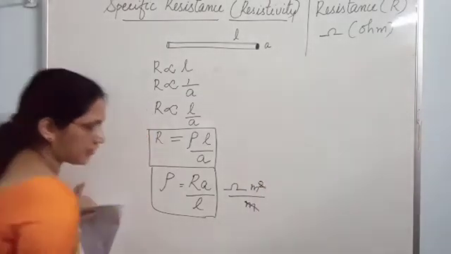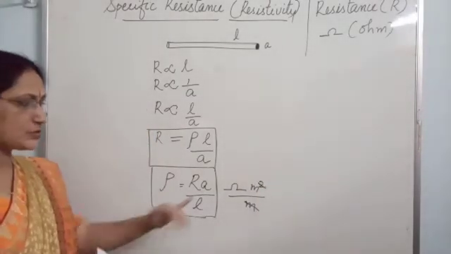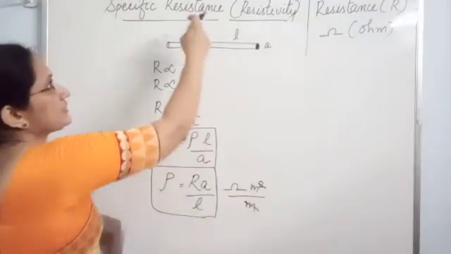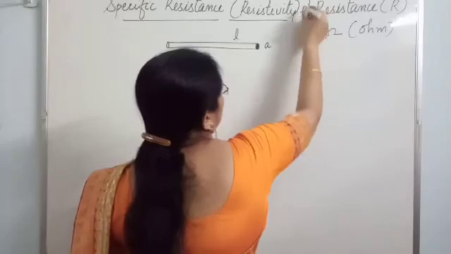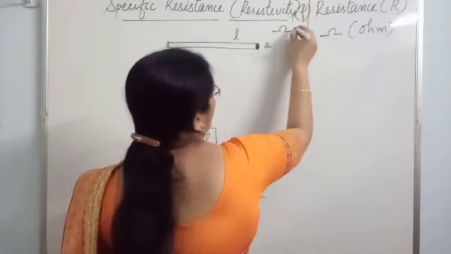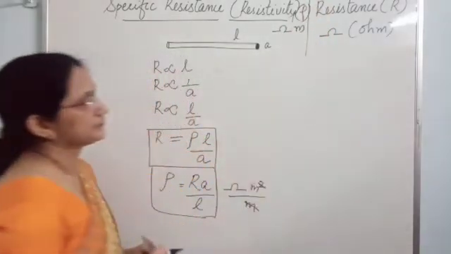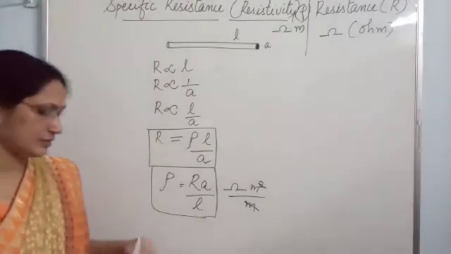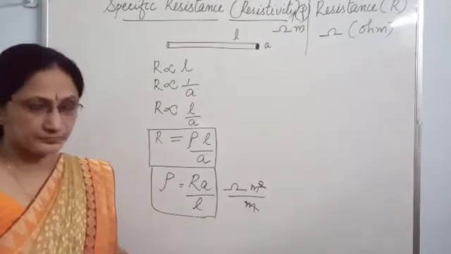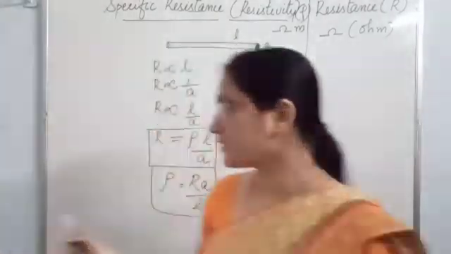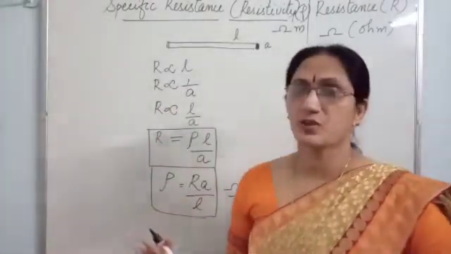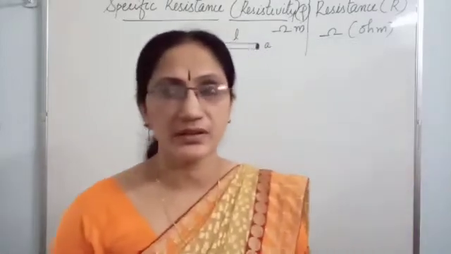So unit of rho is ohm meter. Specific resistance, its symbol is rho and unit is ohm meter. Based on this formula, we will solve some numericals while discussing the exercise.